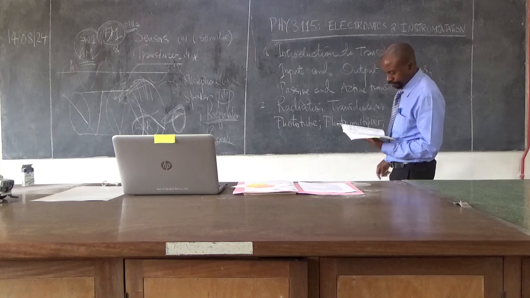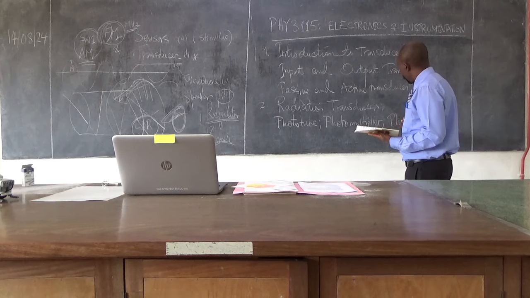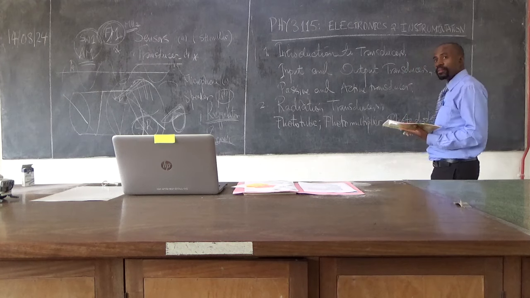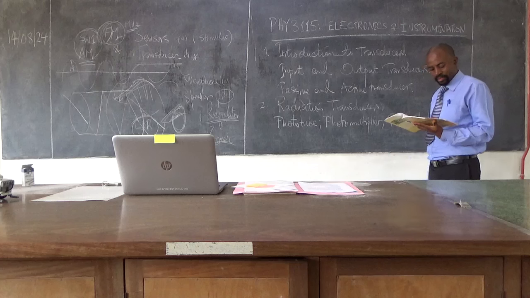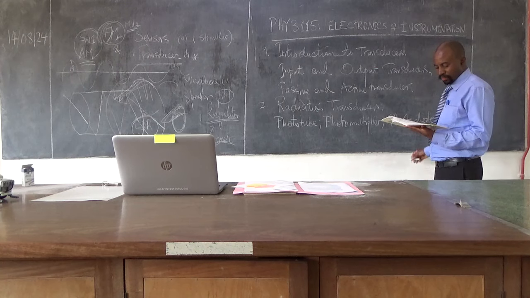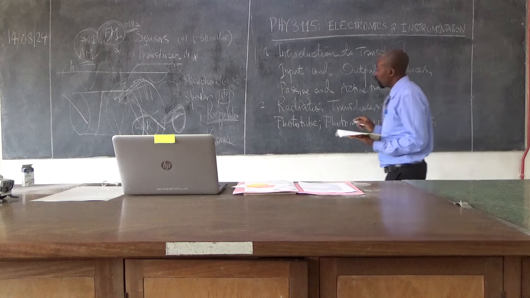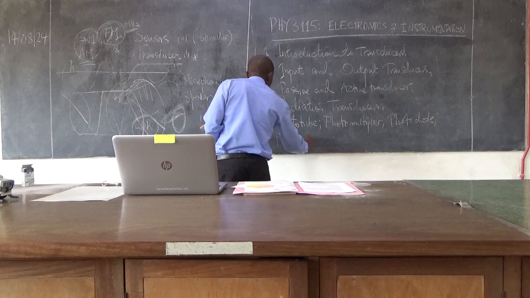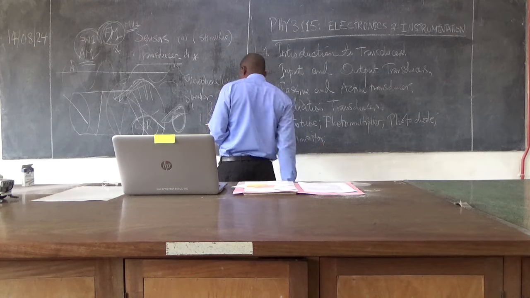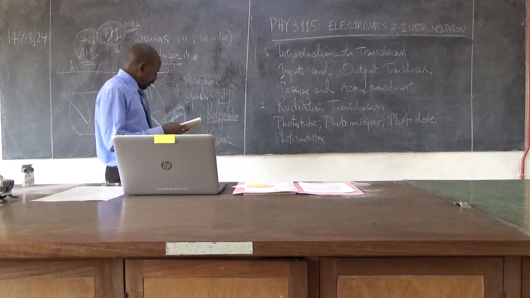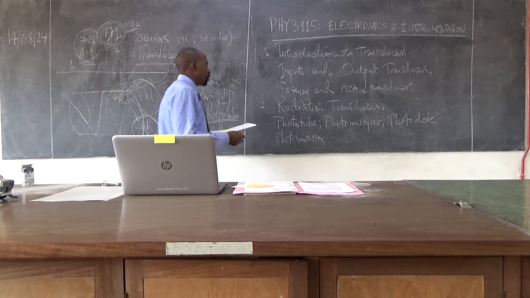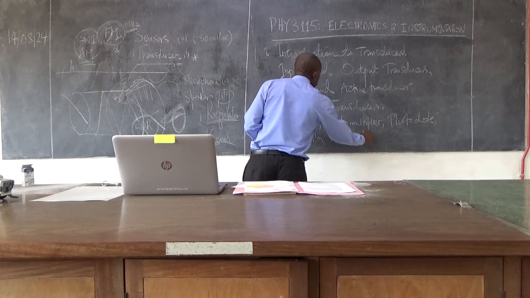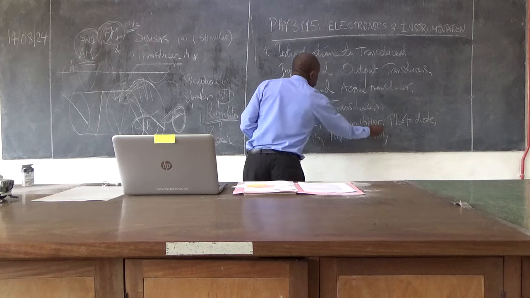Then we have a photodiode. Photo is for light, so whenever you see photo, you know there is light. Then we have a phototransistor. Then we have a photoconductivity cell.